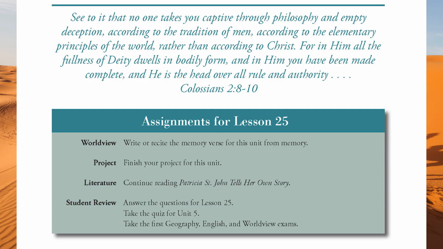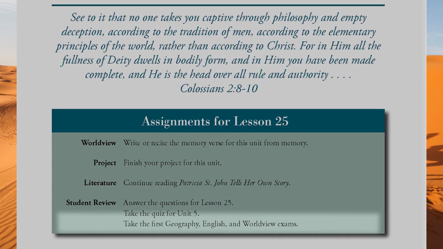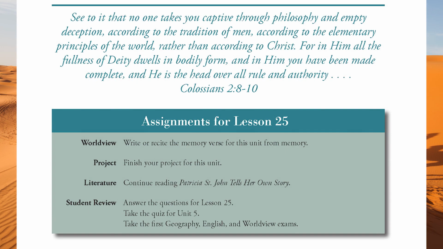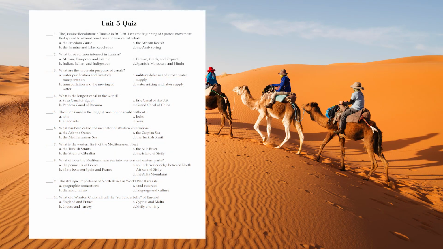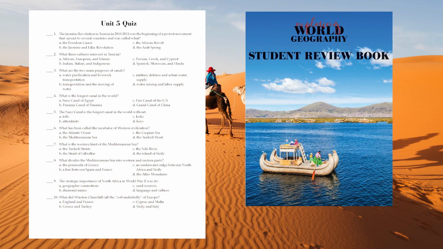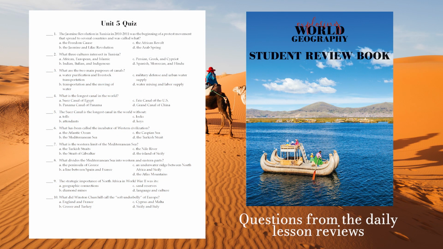After this lesson, students also take the geography, English, and worldview exams over Units 1 through 5. Students take these exams after every 5 units. All questions on the weekly geography quizzes come from the lesson review questions of the first 4 lessons of a unit.